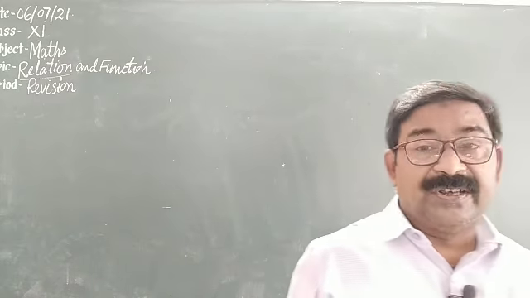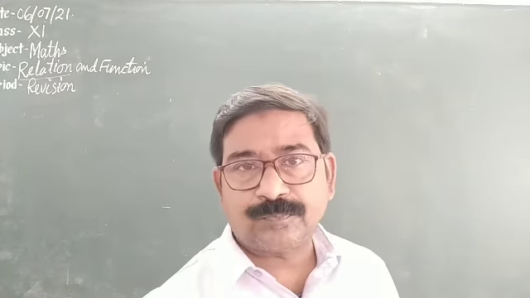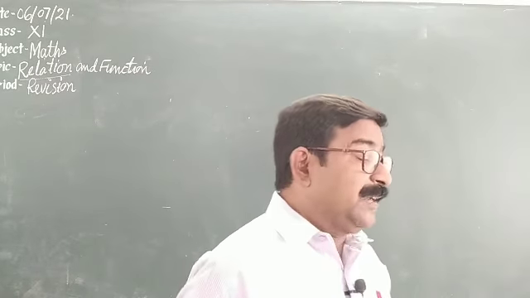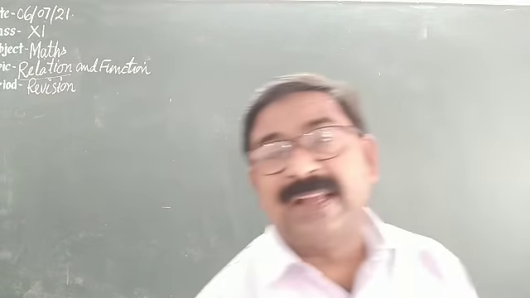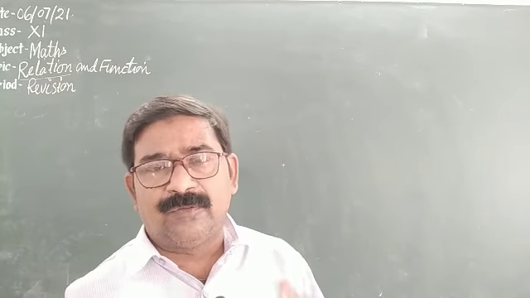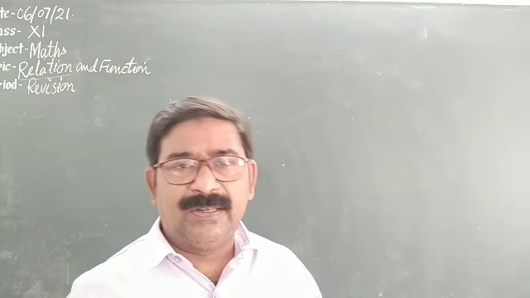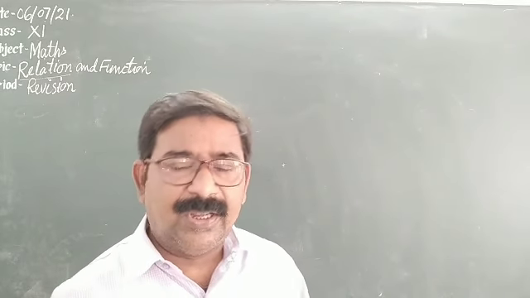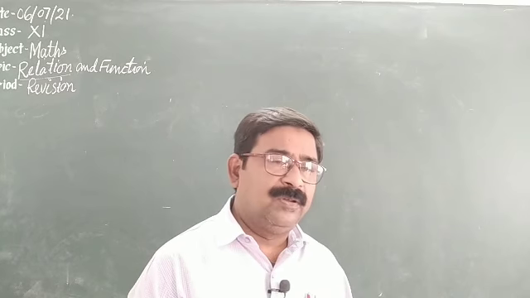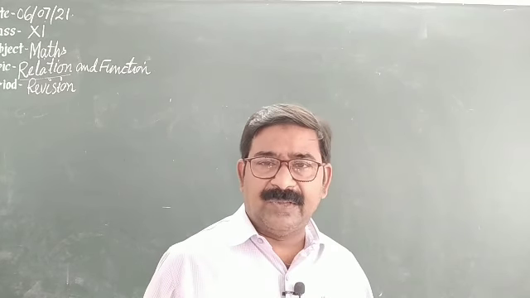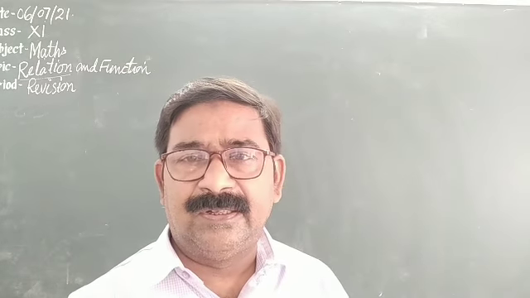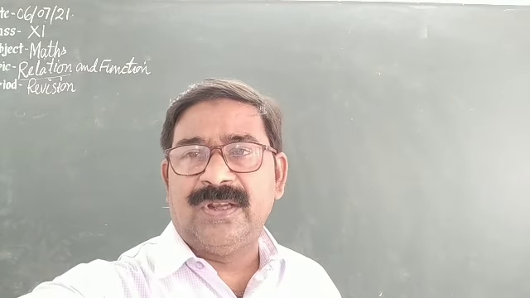You must recall them one by one. I am just giving you the idea of how to revise yourself. You should revise all the functions from your book, with their domain and range, and after that we shall see some questions in the next lecture. All right, till then, thank you very much and God bless you.